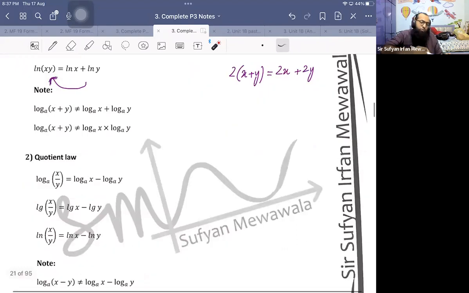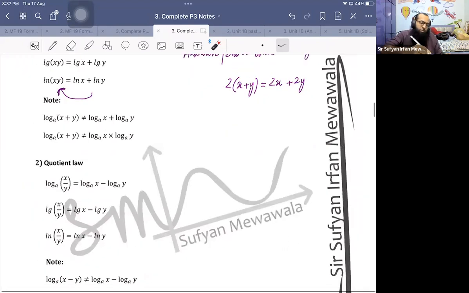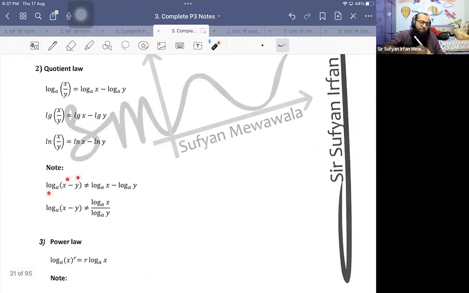Similarly, if we talk about the quotient law, then log of x minus y with a base of a cannot be converted to a subtraction. Subtraction cannot get converted to subtraction. It does not work like normal multiplication, as I've already told in addition as well. Similarly, subtraction getting converted to division is not possible, because in subtraction form log is once, in division form log is twice.